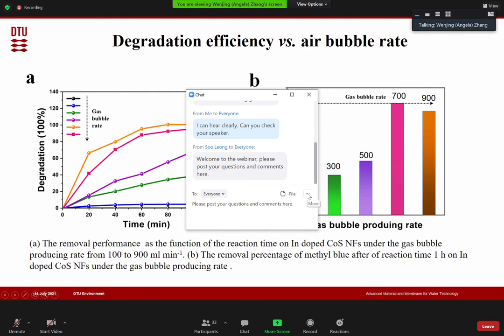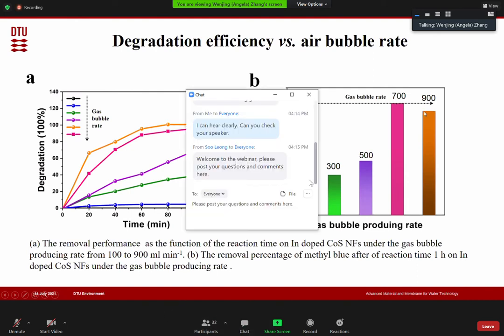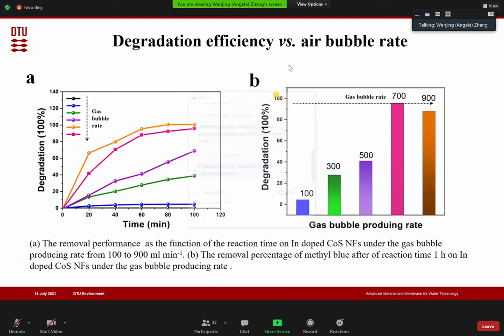From 100 to 700, you can see it reached almost 95% degradation efficiency within 60 minutes. But a further increase will disturb the contact between the piezo nanofiber membranes and the contaminants. So too fast is also not efficient in this case.